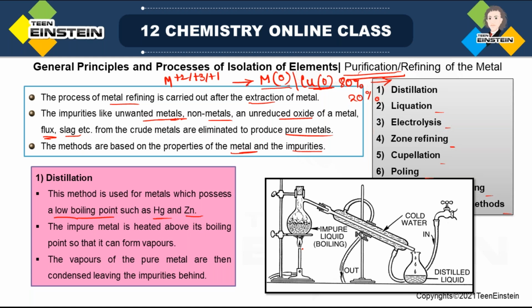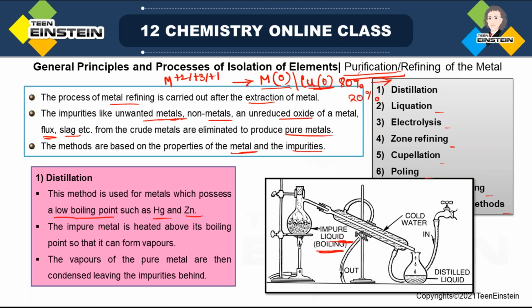Because when we are talking about distillation, basically you are boiling the liquid, which is impure liquid. So when you are saying that it is liquid, that means the boiling point must be low, otherwise we cannot convert the solid form to liquid form very easily. We are doing the process with liquid form. That means the boiling point must be low. Then only you can do distillation.